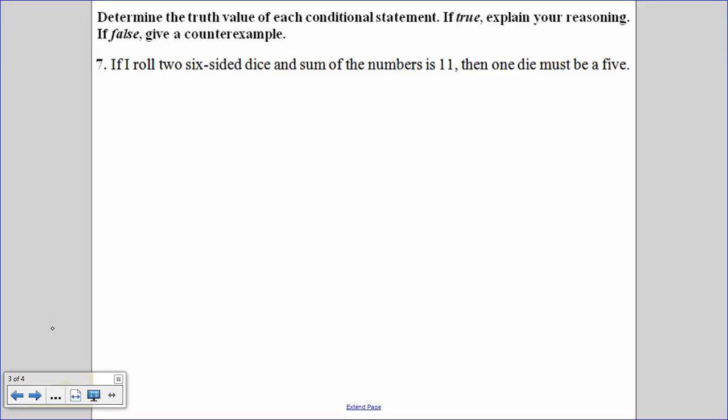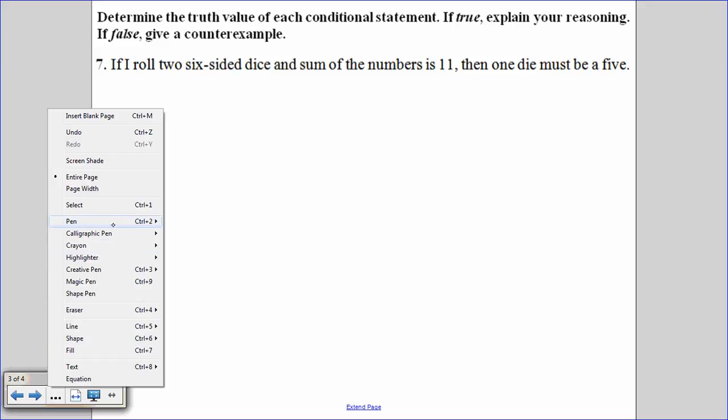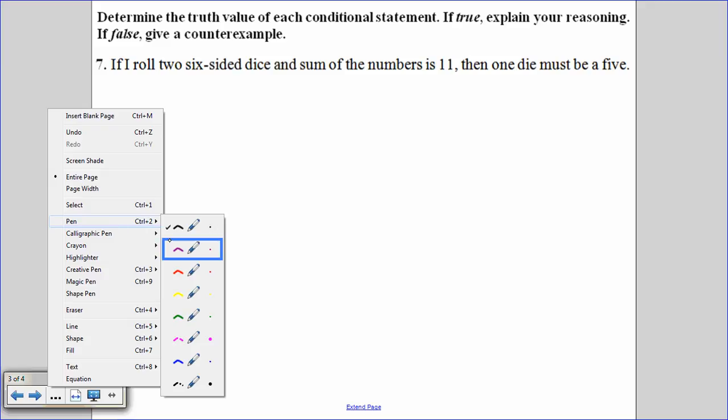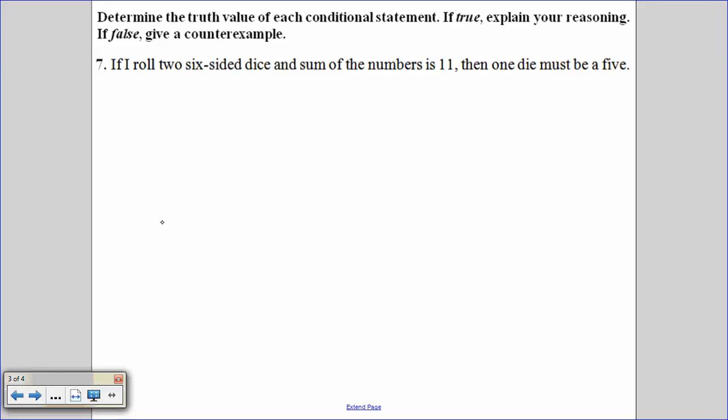That, my friends, is a true statement, because whenever you roll two dice, your only options are 1 through 6, and the only way to get a sum of 11 when you have numbers 1 through 6 is taking 5 plus 6.